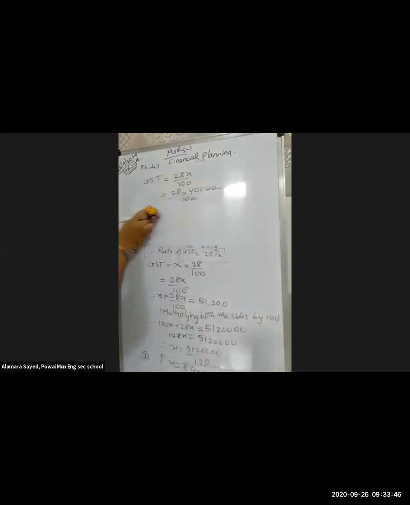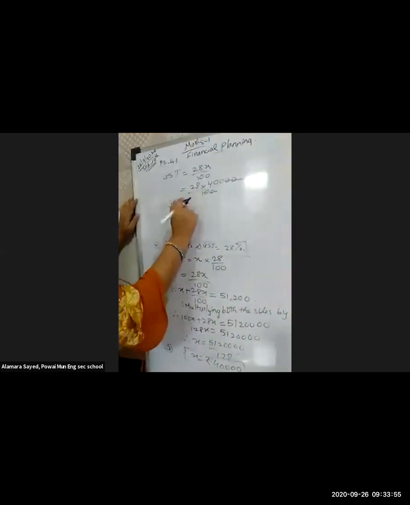Now put the value of x, that is 28 into 40,000 upon 100, the zeros will cancel. So, 28 multiplied by 400, so GST will be rupees 11,200. This is the fourth one that we have to find.